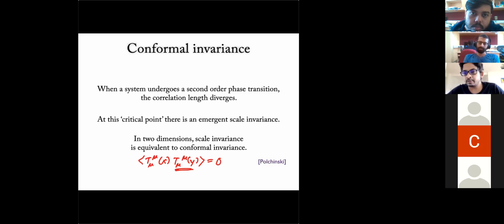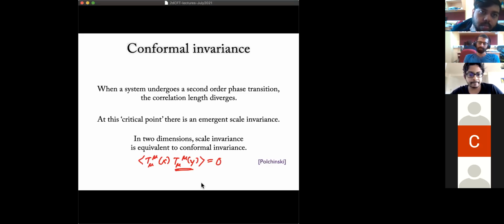Right now I don't have an answer, but I can look it up and tell you. Actually, there's a review by Nakayama that discusses scale versus conformal invariance at length, across dimensions. But I don't have an answer right now. Yeah, it's okay.